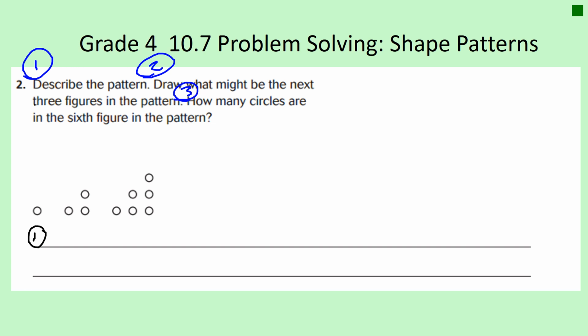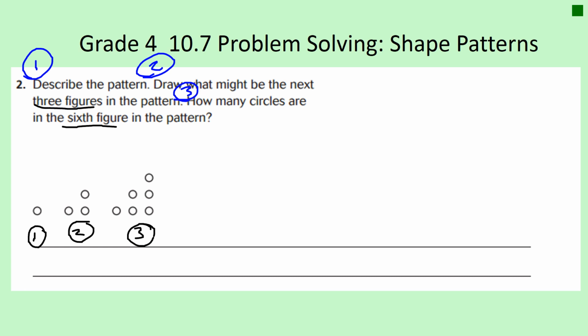Okay, when they talk about the 3 figures, that's figure 2, and that's figure 3. So when we draw the next 3 figures, it's going to be 4, 5, 6, and then we have to count the circles in the 6th figure. The first thing though is to describe the pattern.